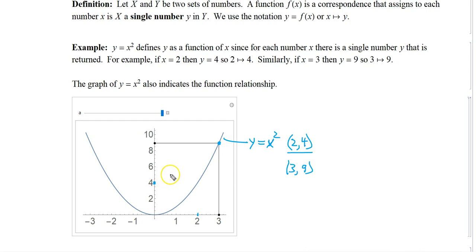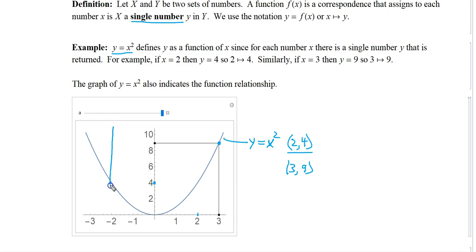Now there's another important thing to note here. If you look back up at our definition, we use this terminology, a single number y. If we put a number for x into our equation, we should only get a single number back for y. What that means is that the graph of our function has to satisfy what we call a vertical line test.